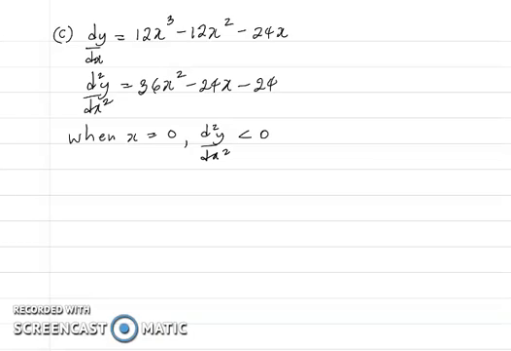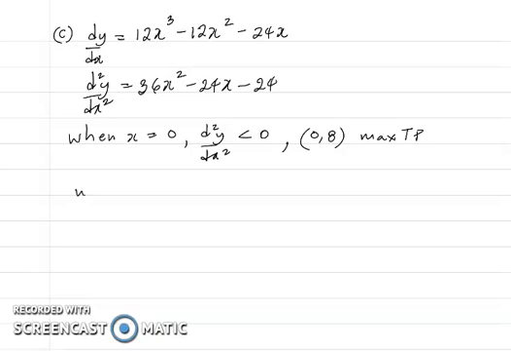If it's less than 0, it means that at x is equal to 0, the curve concaves down. If it concaves down, it means that the point (0, 8) is a maximum turning point.